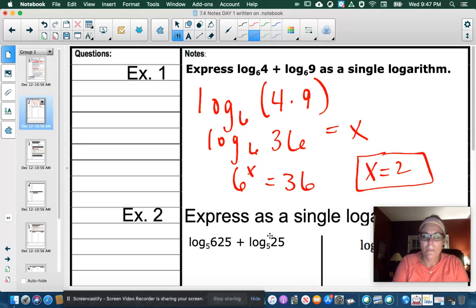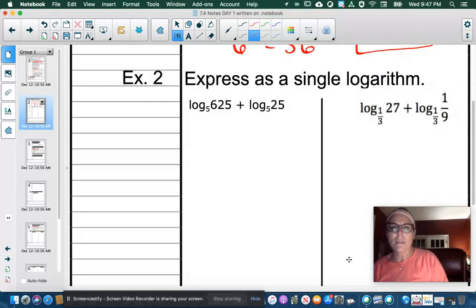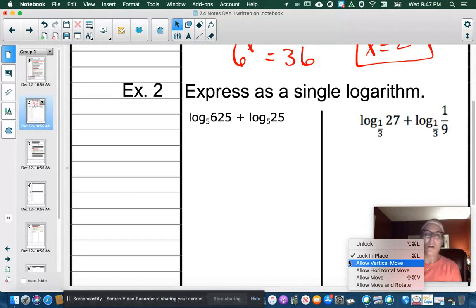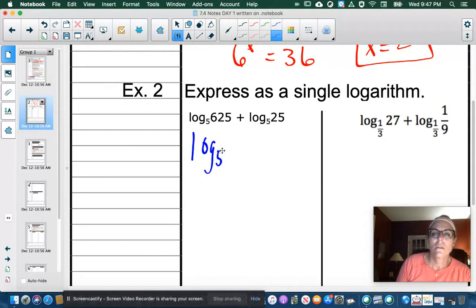Example 2. Express as a single log. All right. 625 times 25.